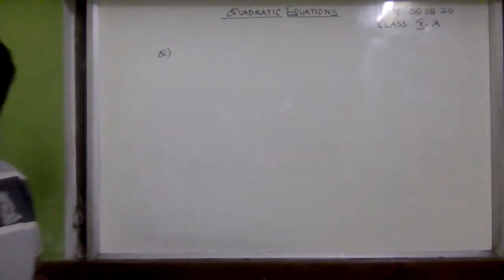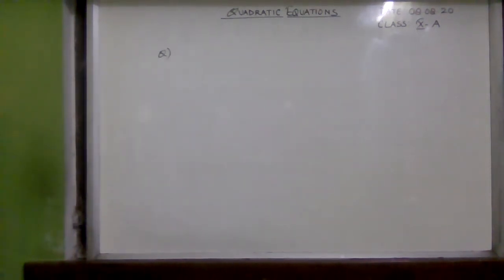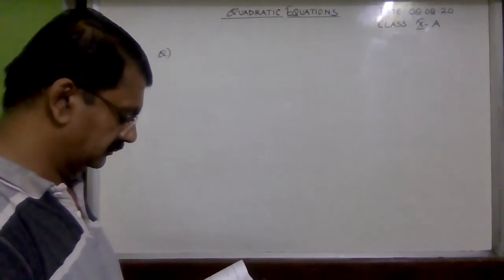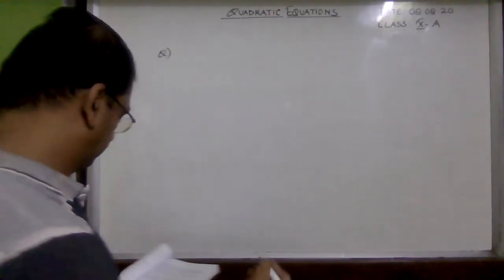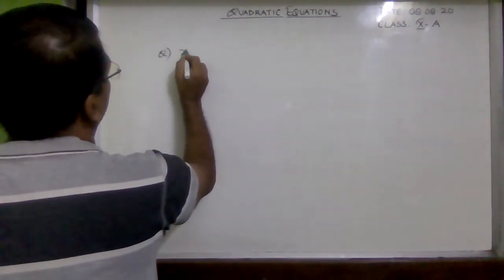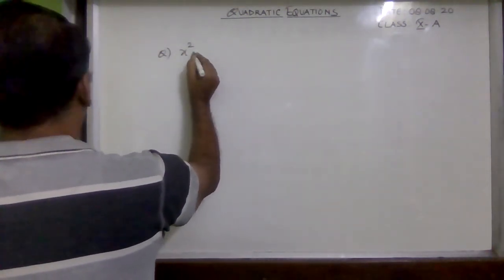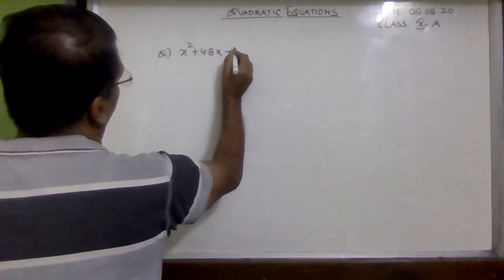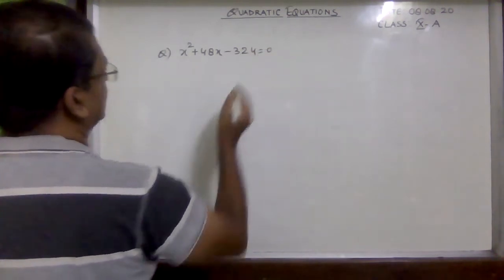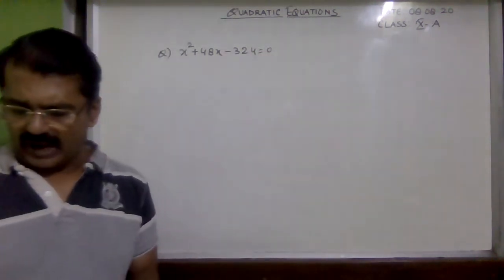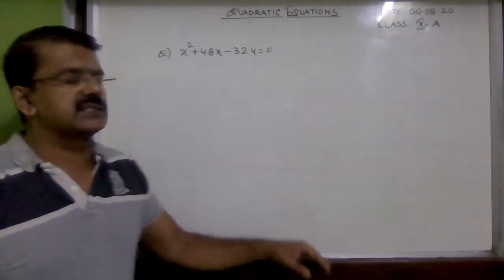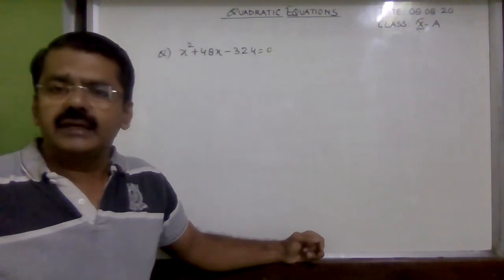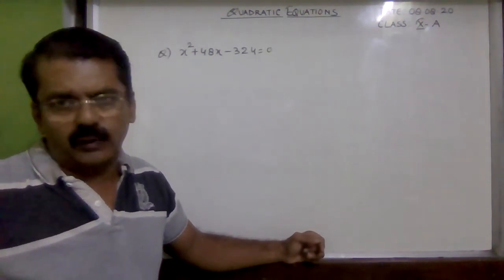Next question. x² + 48x − 324 = 0. You have to solve this quadratic equation by using quadratic formula.